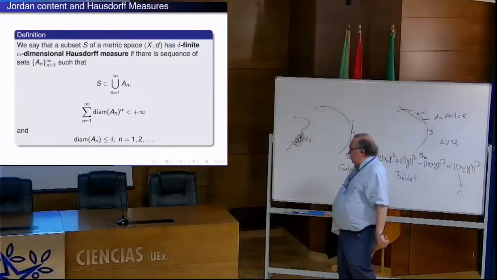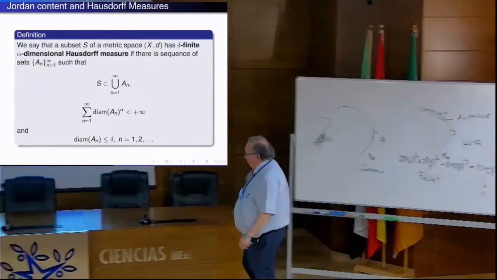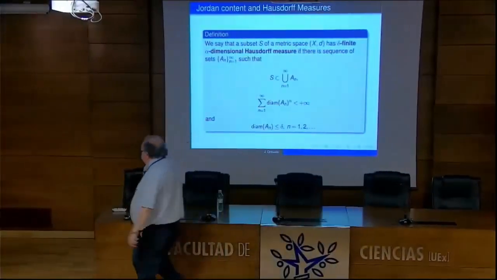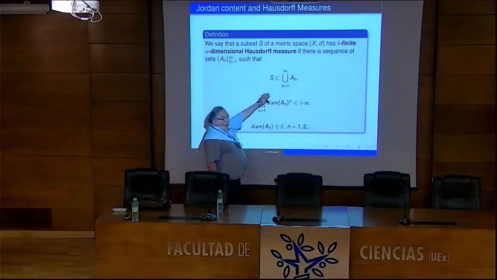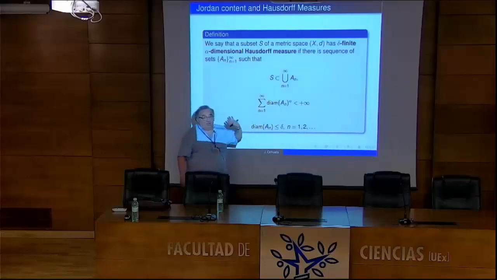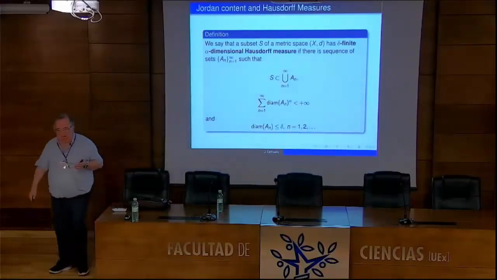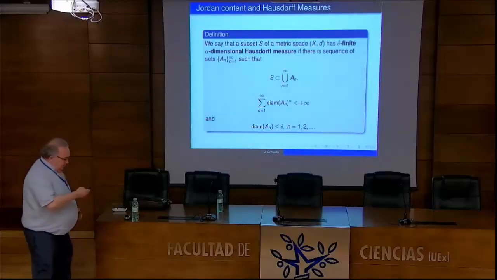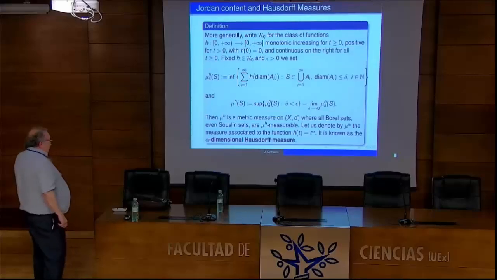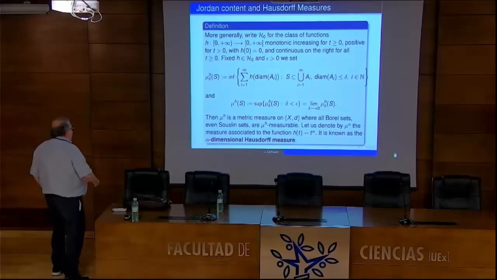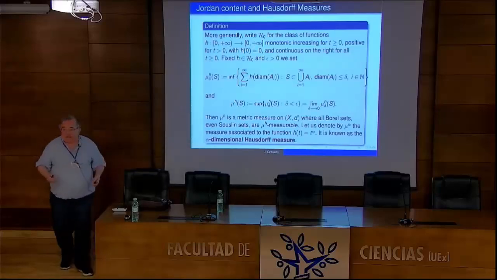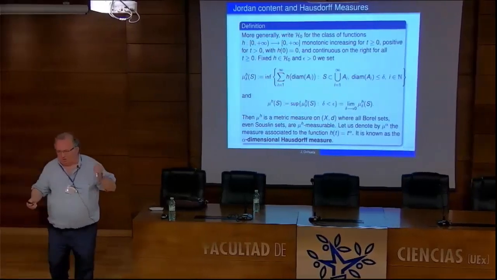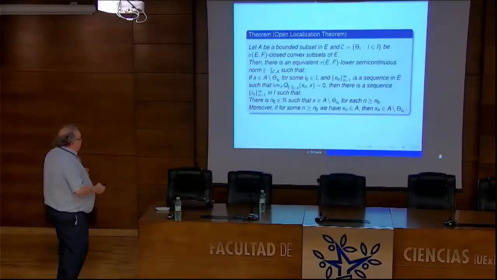But essentially, you always have coverings of my set with countably many sets of diameter less than something, which is enough for what I'm doing. Well, this is the definition of the Hausdorff measure. I'm not going to enter into the details, but the theorem that I did first was for that, this is why I wrote it. But okay, for separable is better.